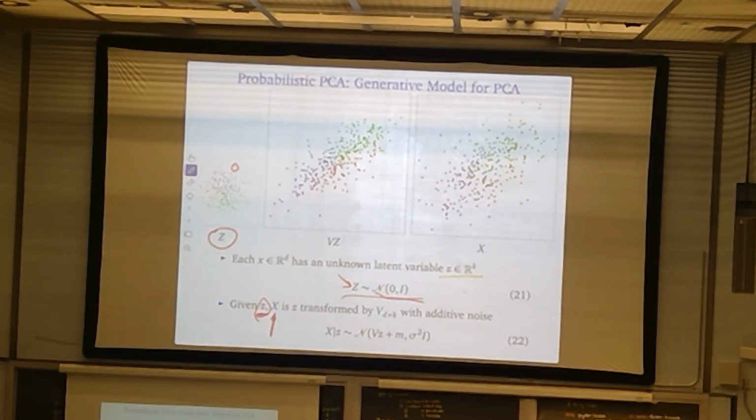X here is a random variable, but given z, it's z transformed by some fixed linear transformation matrix, which is d by k. It acts upon z. Z is k by 1. It becomes a point in a d-dimensional space. Given any point, you can apply V times z to it, and it becomes a point in this space.